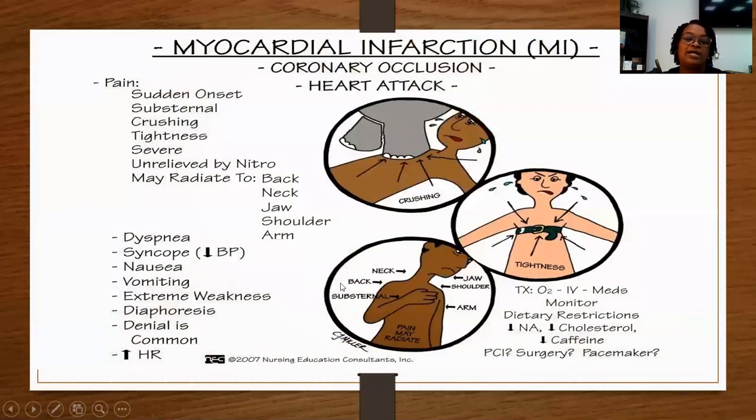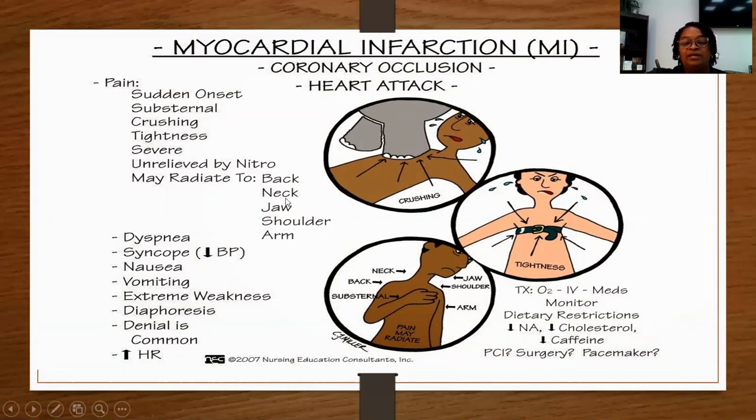So let's talk about what kind of symptoms that patient may present with. They may present with a sudden onset of substernal pain. They may express it as feeling crushing, tightness, feeling like an elephant sitting or standing on their chest, and their pain is usually unrelieved by the nitroglycerin.